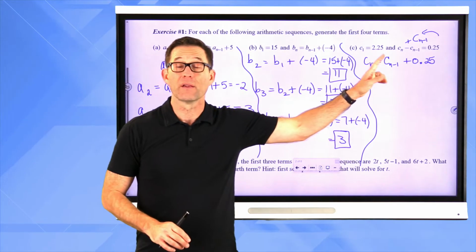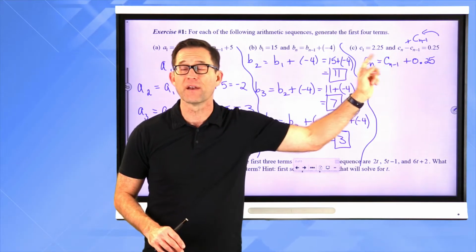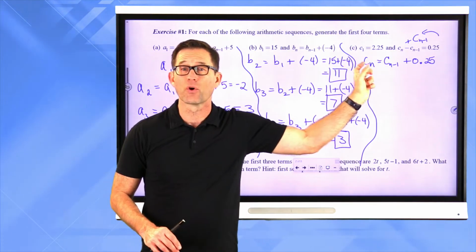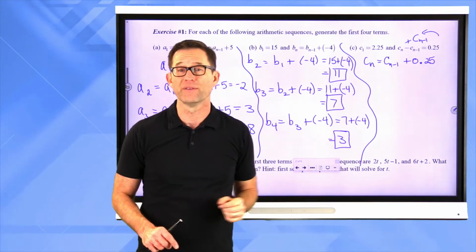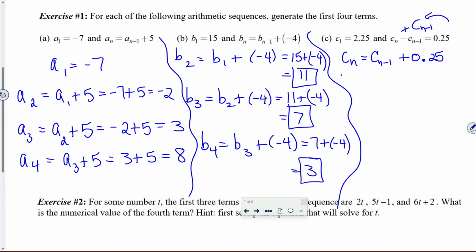But I like it looking like this a little bit because it really gets to that thing called the common difference. In other words, if I keep subtracting two consecutive terms, I always get 0.25. Now the rest of it's pretty easy to generate, right? C2 is going to be equal to C1 plus 0.25.